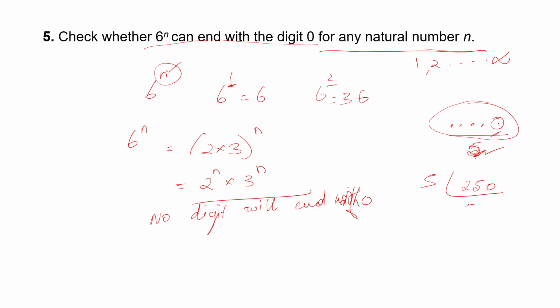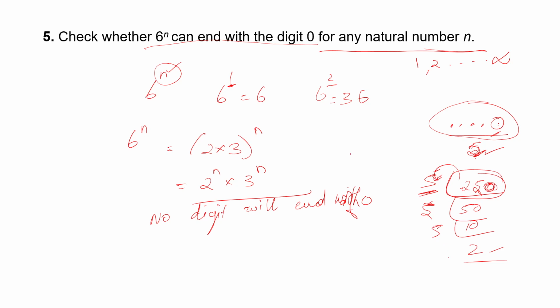See, 5 5s are 25, and 250 for example. I am just giving an example. What are the factors of 250? 5 into 5 into 5 into 2. So that means if 0 is there at the end, it is always divisible by 5, and 5 will be one of the factors of that, then only it will be divisible.